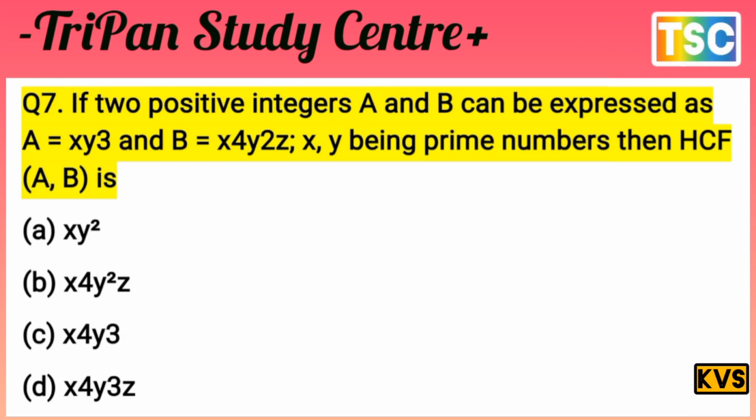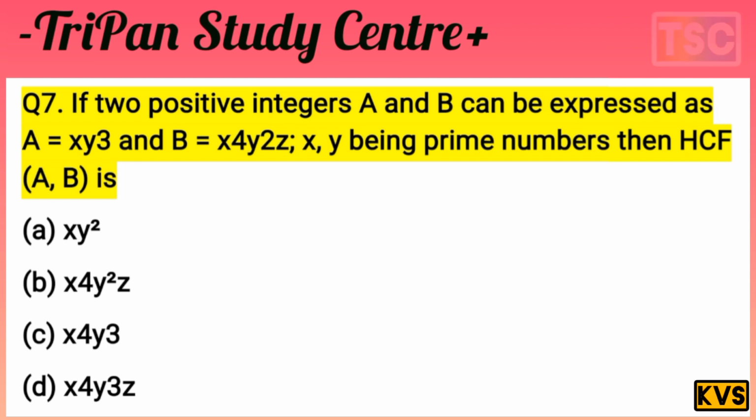If the two positive integers a and b can be expressed as a equals xy^3 and b equals x^4 y^2 z, where x and y are prime numbers, then the HCF of a and b is. You know that the question is clear, but you may be confused because the same question arrived before. That's not the same question. The question is the same, but asking here for HCF, the highest common factor, while the other question was the lowest common multiple.